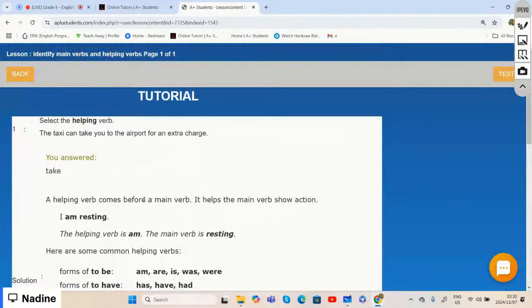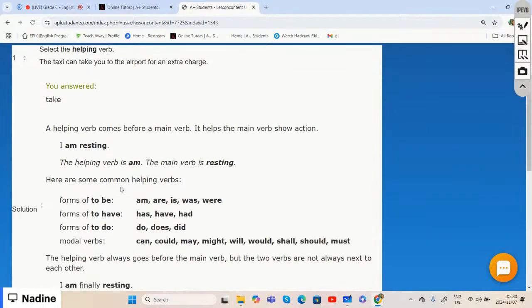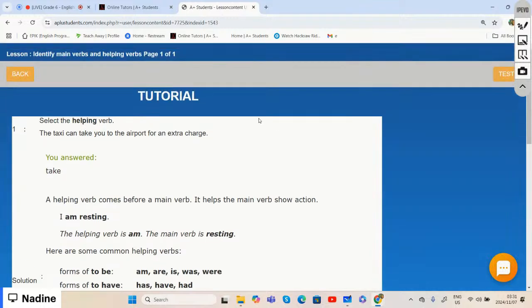Before we do that, once again, a helping verb comes before a main verb and it helps the main verb to show the action. Our helping verbs are words like am, are, is, was, were, has, have, had, do, does, did. And remember, our helping verb always comes before our main verb. It doesn't have to be directly next to each other, but as long as the helping verb is before our main verb.